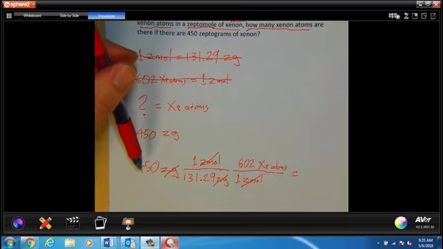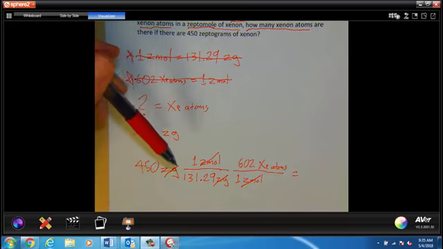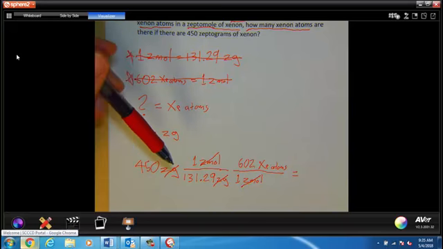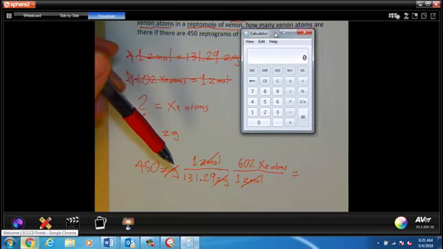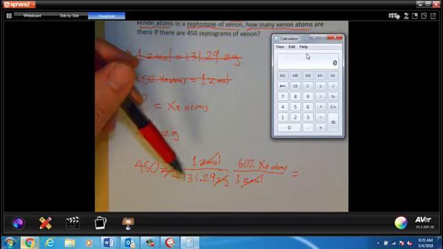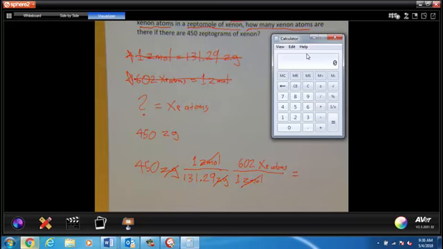So we would take 450 times 602, and then I'm going to open a calculator here. So 450 times 602, and then divided by 131.29. So let me type that in.